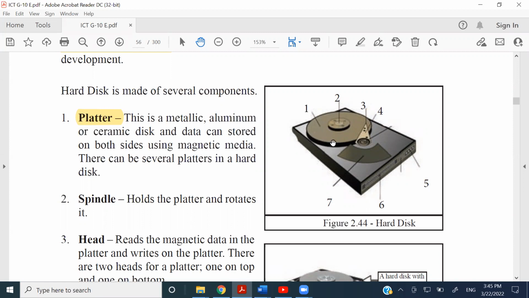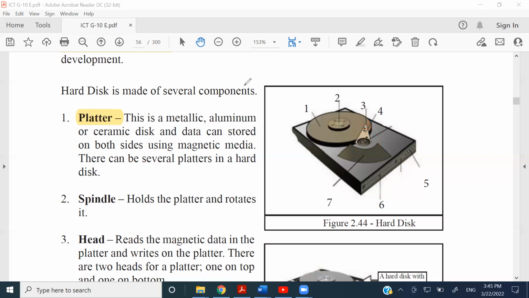And to read the data on that platter, the head is going to be used. So at this point, there is a head, and these are the actuator arms, right? So with that, from this head just over here, we'll read the data on the disk, right?